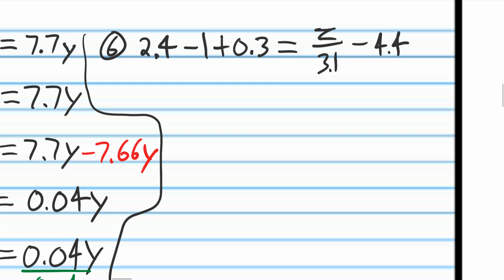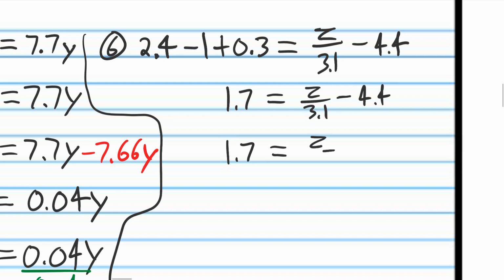All right, so I have some calculations here. I have 2.4 minus 1 is 1.4. And then 1.4 plus 0.3 is 1.7. So those are pretty easy calculations to do in our head. When you work with decimals a lot, you start to get an idea of how to do those without a calculator.